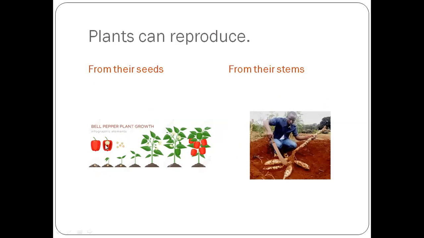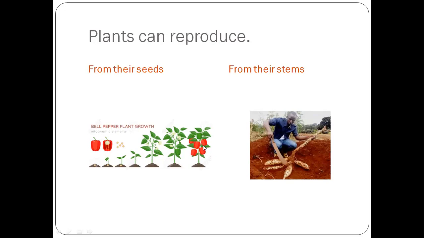We took the seeds, planted them, and they became a seedling, a young plant, a mature plant, and then a plant that has bell peppers on it.